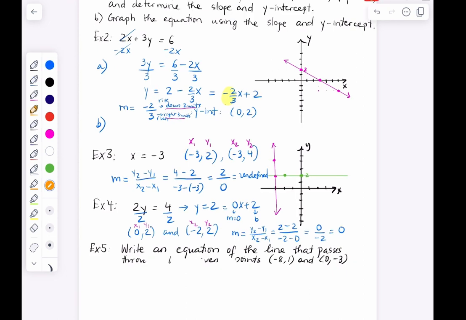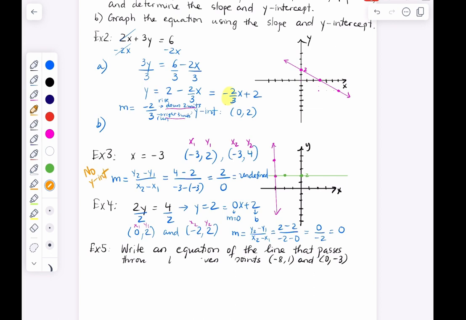Now we find the slope for both example 3 and example 4. Let's look at the y-intercept for each example. So example 3, as you can see, the pink graph doesn't cross or intersect the y-axis at all. So there's no y-intercept for example 3.